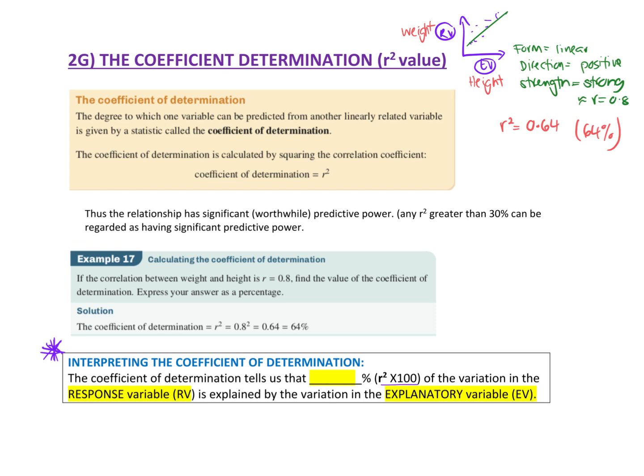So it tells us that 64% of the variation in the weight, because that's my RV, is explained by the variation in the height, because that's my EV. I've highlighted in yellow what you need to change for your scenarios. Is that clear? You write exactly that, and fill in your variables and your R squared in the yellow. If you do that, you're going to get your mark. There's no debating, you've written the right wording.